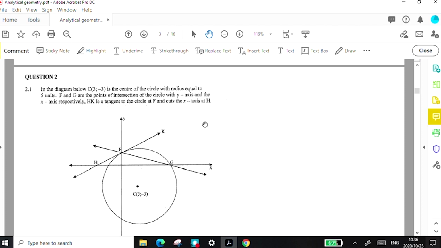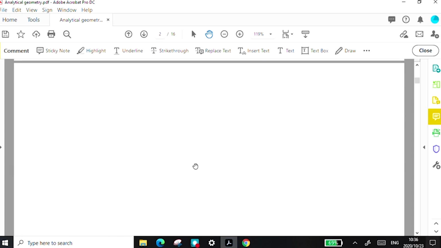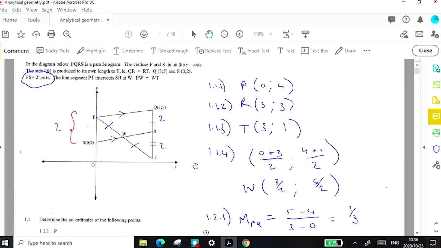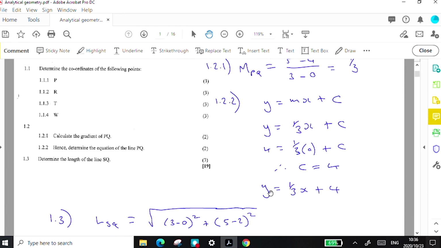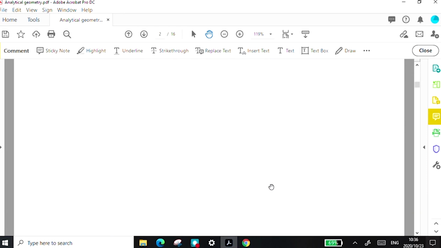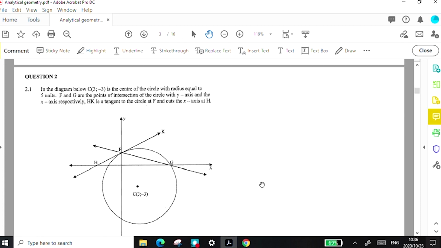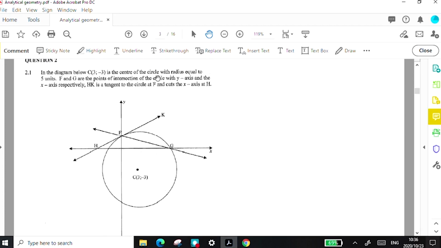This is also taken from the same exam. That's question number 2 from the 2016 KZN November paper. So here in the diagram below, C is the center of the circle with radius equal to 5 units.